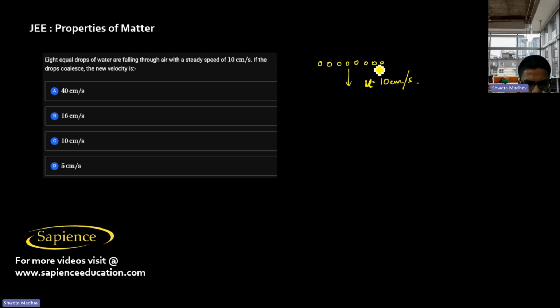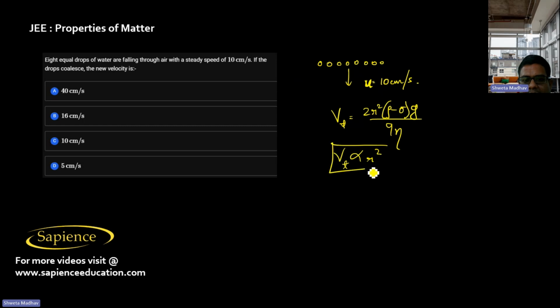If the drops coalesce, then the radius will change. Now the terminal velocity is given as 2r square into (rho minus sigma) g by 9 eta. Rho, sigma, g, eta are constant, so the terminal velocity is directly proportional to the square of the radius.